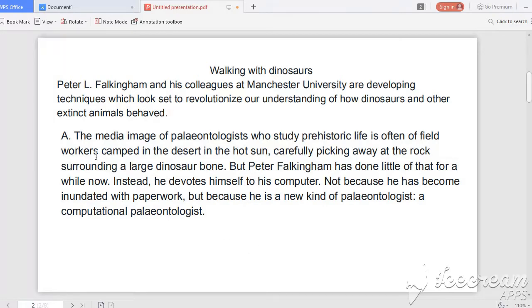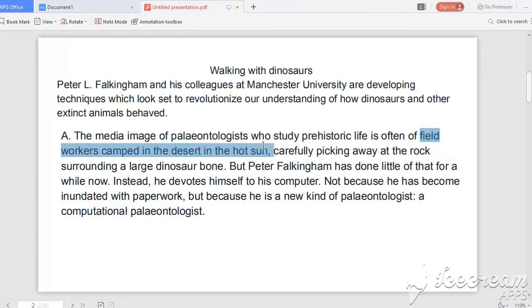The media image of paleontologists who study prehistoric life is often of field workers camped in the desert in hot sun, carefully picking away at the rock surrounding a large dinosaur bone.